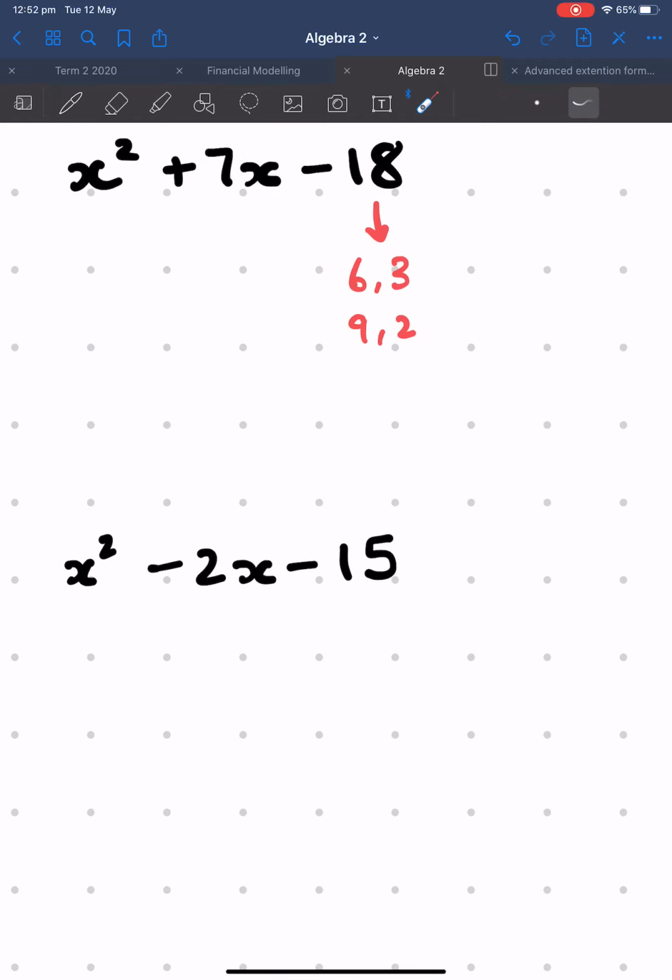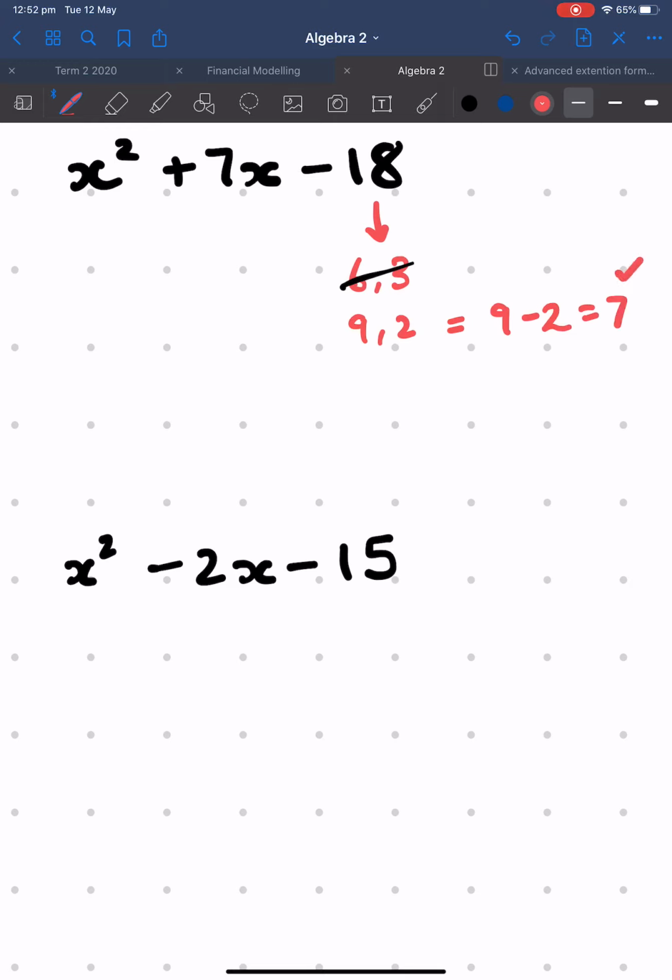Okay, but for us who are still kind of figuring this out, we're using these numbers here to see if we can make the number 7. Now 6 and 3, there's no way I'm going to get 7. Because if I add them, I get 9. And if I find their difference, I get 3. So that's no good for me. But if I use 9 and 2, and remember I'm trying to get positive 7, I could do 9 minus 2, and that gets me 7.